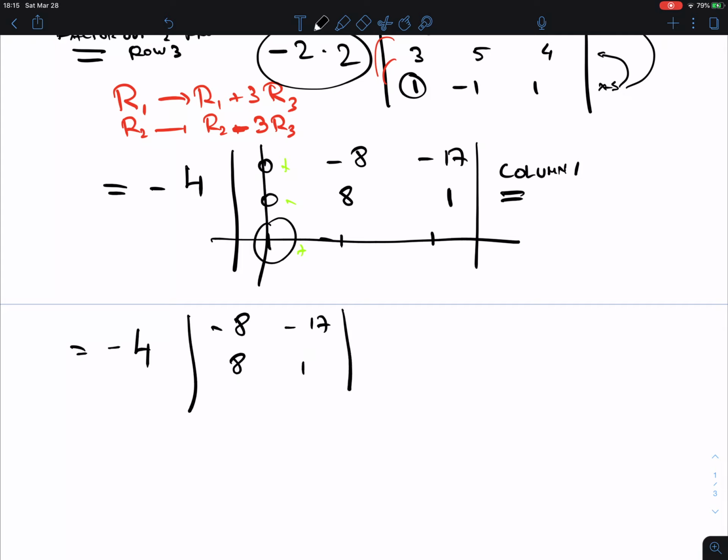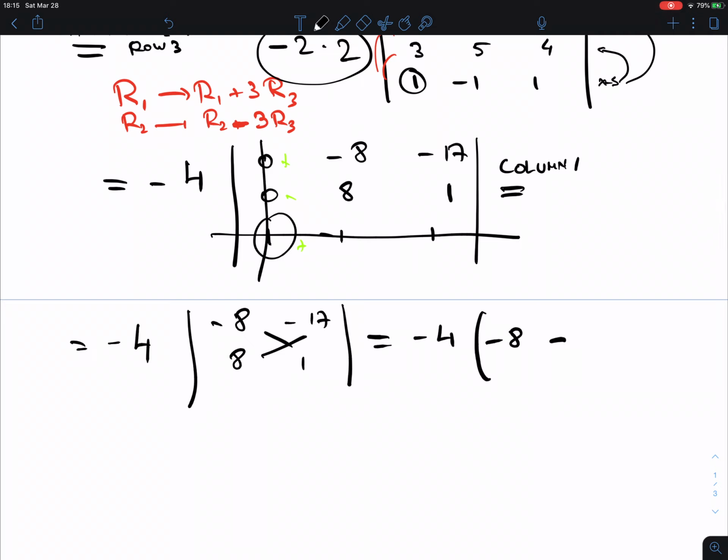And now for a 2 by 2, you could still do other stuff, but for 2 by 2, just use the formula. Minus 4, this product is minus 8, subtract from that this product, so that is 8 times minus 17. Let's see, it's minus 4 times minus 8, I like to factor out something, I factor out minus 8, there, that's 1 minus 17 then, right?